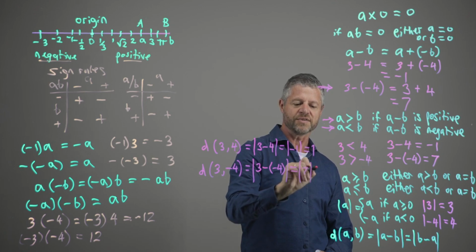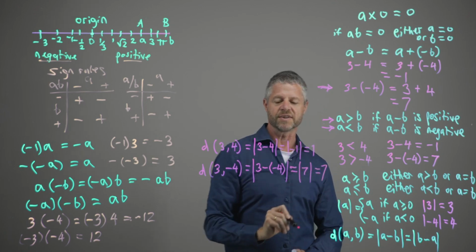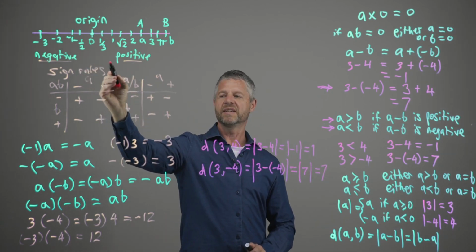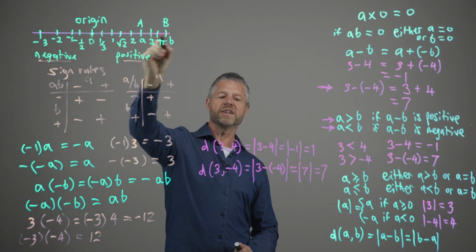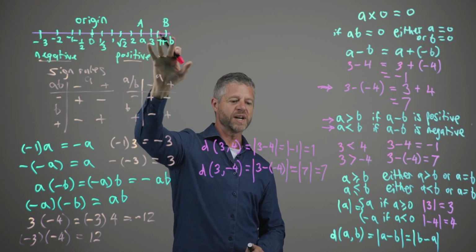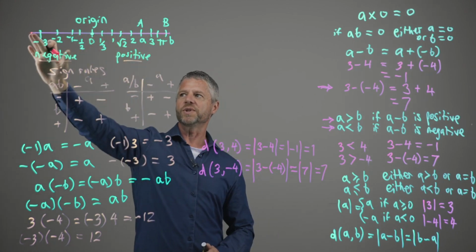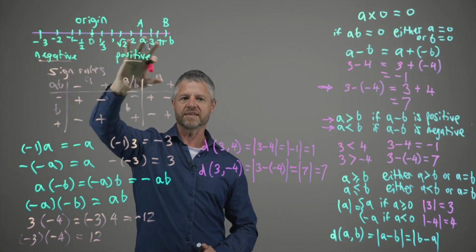So the absolute value of 7, and that's 7. And we can think about that in terms of the number line. The distance between 3 and 4 on the number line is going to be 1, and the distance between 3 and minus 4, which will be over here, is 7.